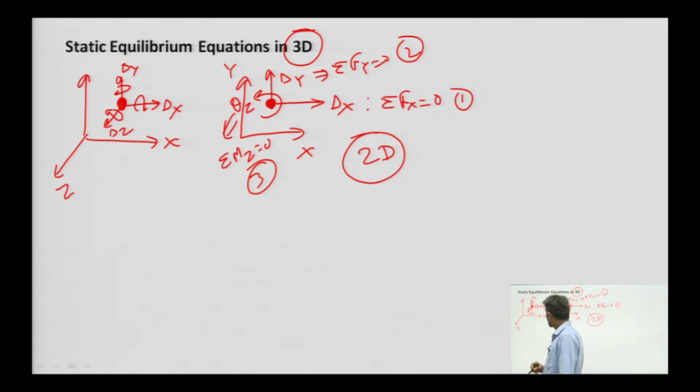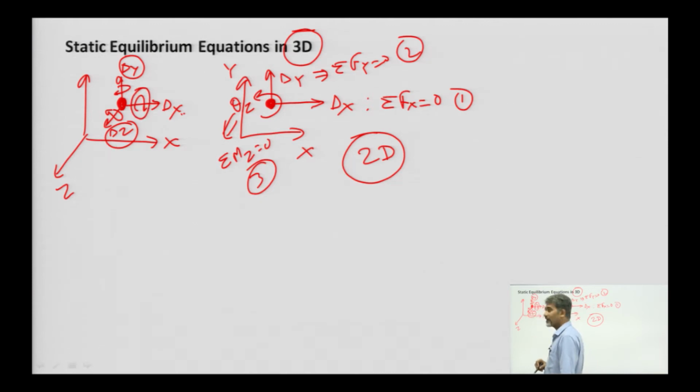Therefore, to make all degrees of freedom 0, we have sigma Fx equals 0, sigma Fy equals 0, sigma Fz equals 0, and sigma Mx, sigma My, sigma Mz equal to 0.